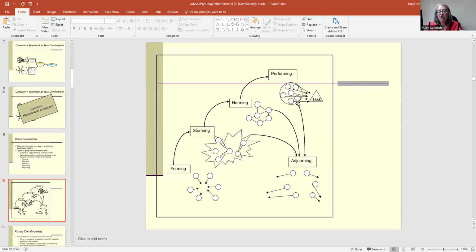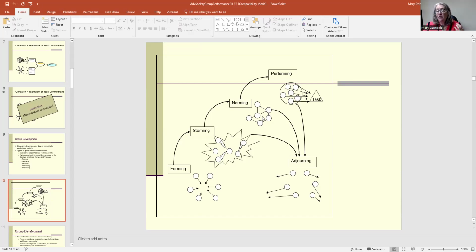And this is where they're going to be doing their thing, getting the project done, whatever it is. Their whole focus is on the task, not on getting along with one another. In the norming, there's going to be lots of focus on getting along with one another, and almost policies and procedures: what are we going to do if we don't get along? How are we going to resolve that?